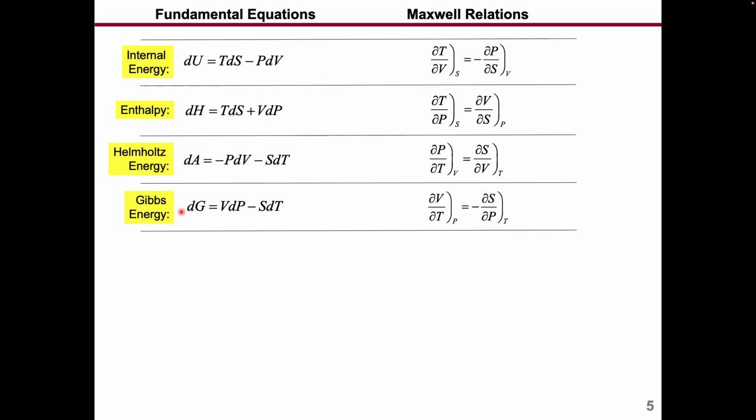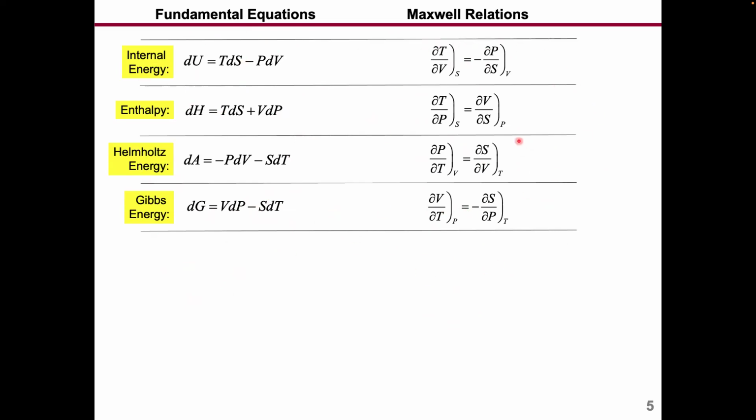Same thing for Gibbs free energy: (∂V/∂T) holding P constant is equal to minus (∂S/∂P) holding temperature constant. These are all the Maxwell relations that you can quickly write out if you know the fundamental equations.